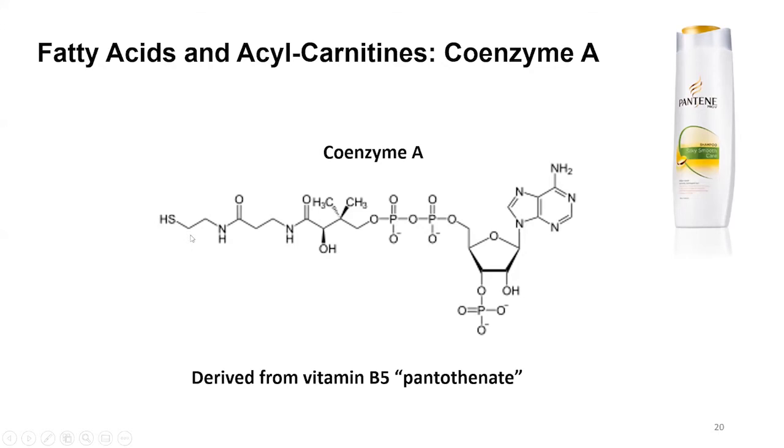The biochemical reason for this is that the sulfur atom has different electrochemical properties, which weaken the carbon-carbon bonds for the fuel molecule attached to it. This makes all the further biochemistry easier for the cell.